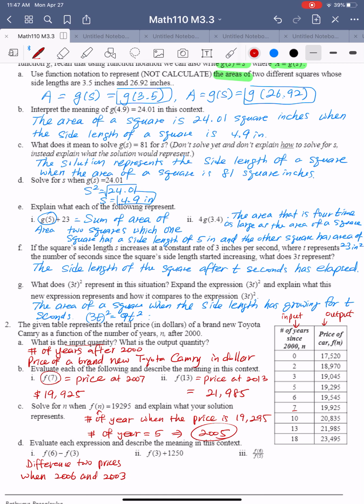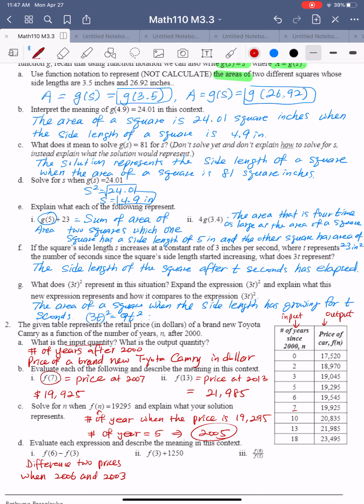And number 2 is the sum of the prices of two cars, where a car means a brand new Toyota Camry. One of the cars is 2003. The other one is adding another price. Not really, sorry, this is not what I mean.